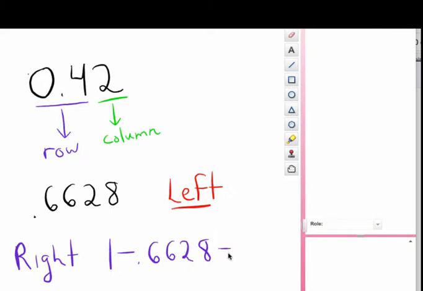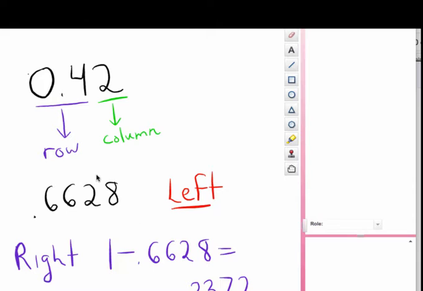You cannot find the area to the right directly from the table. You must subtract from 1. Subtracting from 1 results in the value of 0.3372. So if asked to find the area on the right, you can subtract this value from 1.